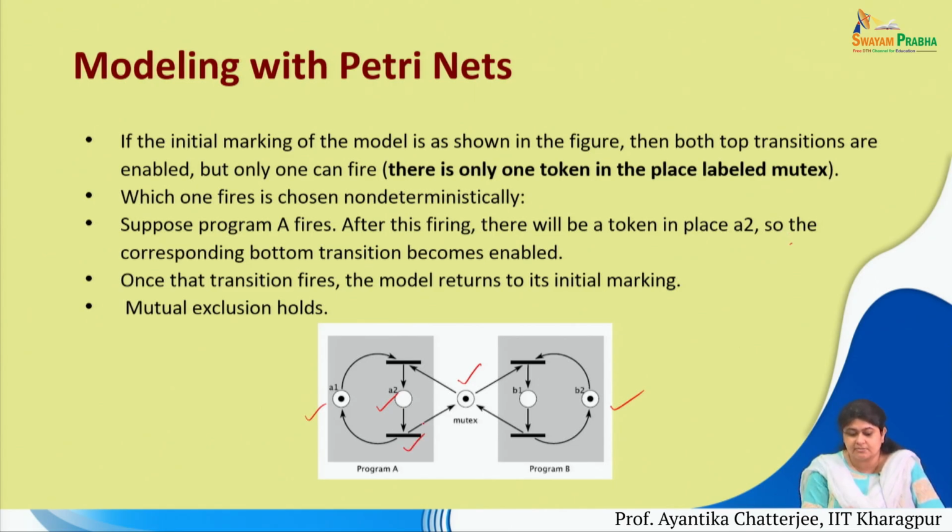Once that transition fires, the model returns to its initial marking. Now we have one token in the mutex and one in B2, and program B can enter its critical section. So, this is the example of how we can do this data flow type of modeling using Petri nets.